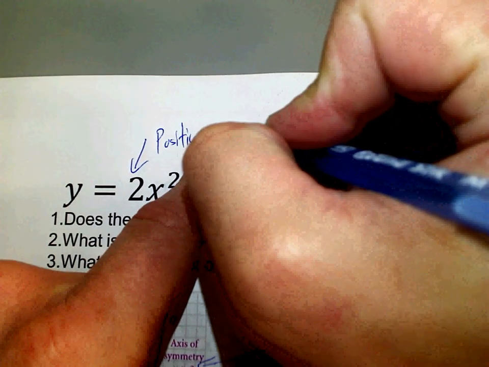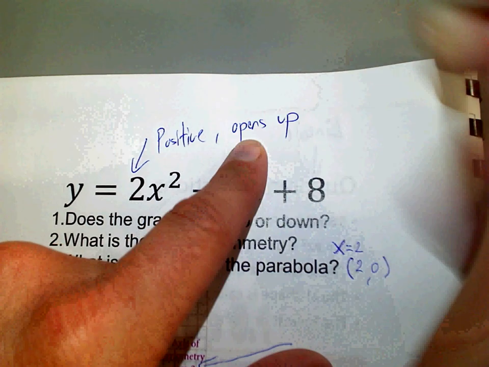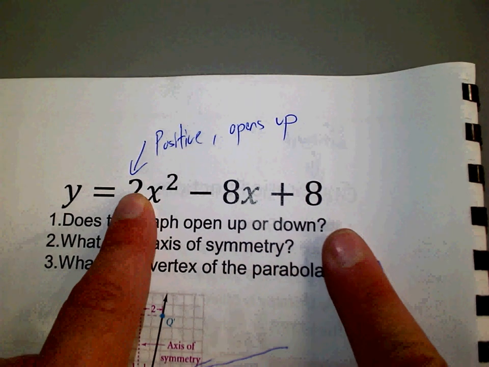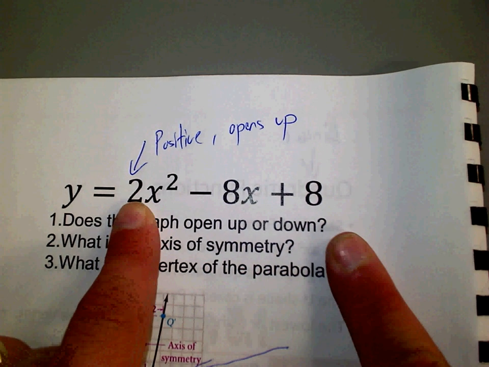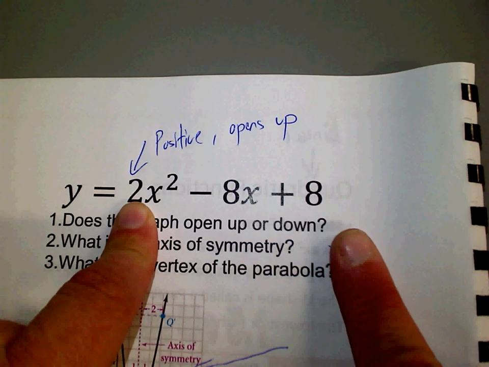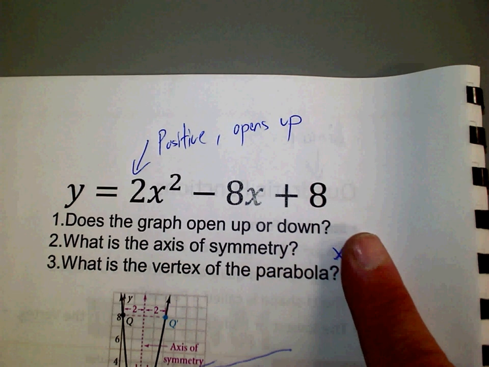So it opens up. Put a note there to yourself. And you might start to see a pattern. Absolute value graphs were the same way, weren't they? That leading coefficient up there, if it was positive, it opened up. If there was a negative sign, it'd flip it and open down. That pattern will be there all through this textbook, guys.